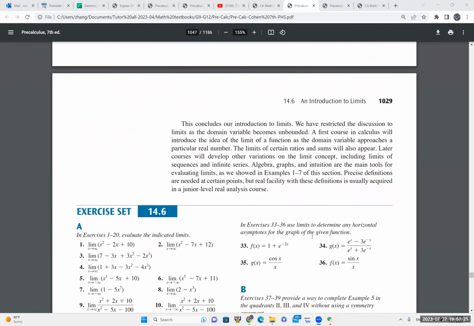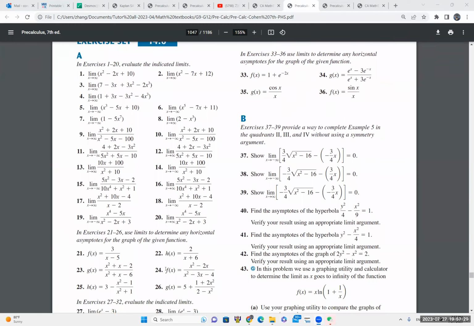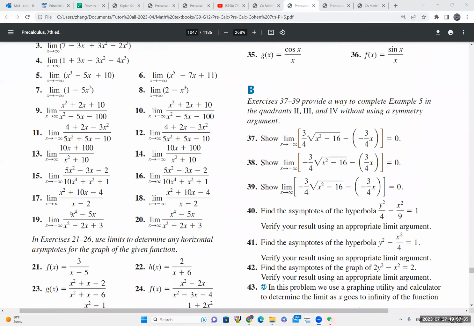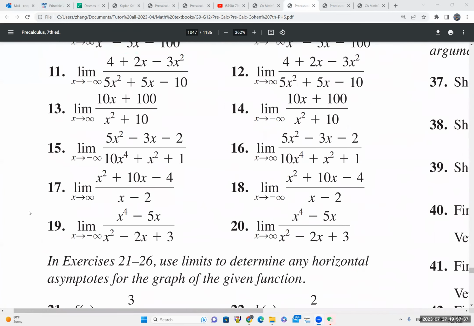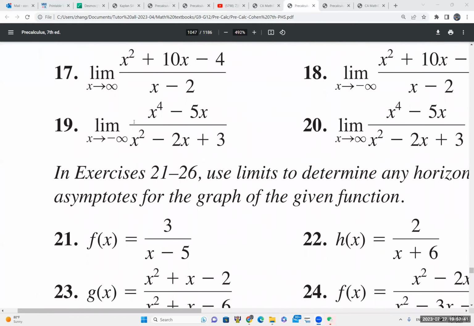Okay, let's just choose one. How about problem 17? How to find its limit? Let me see.